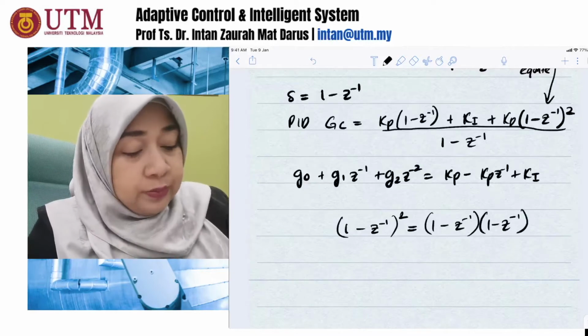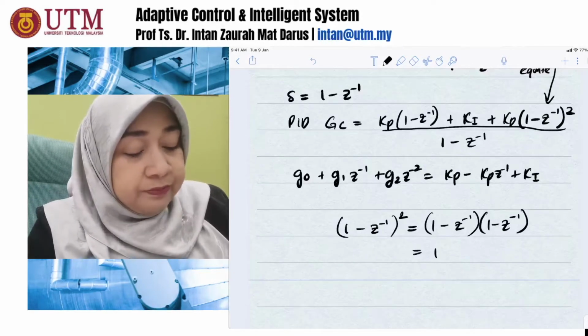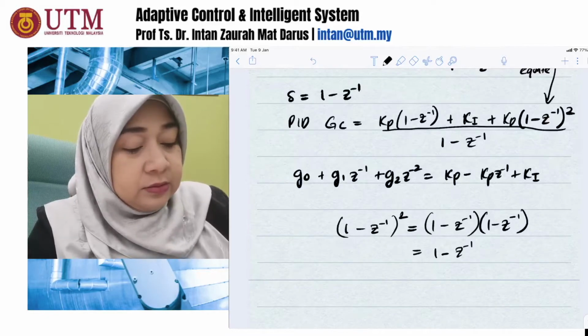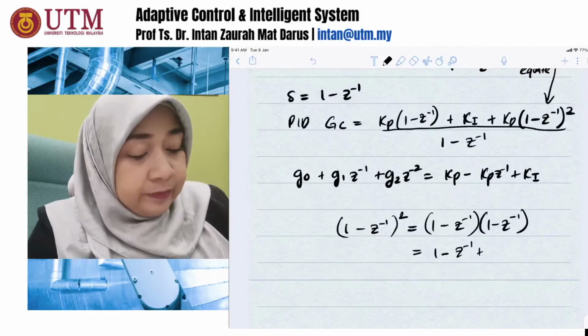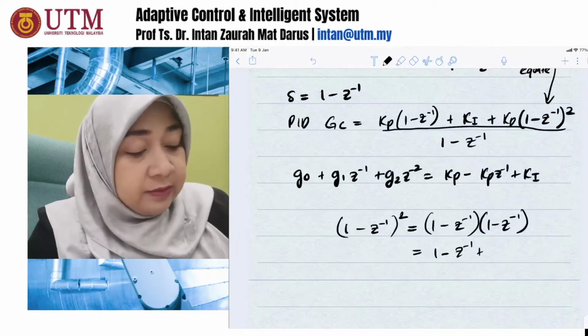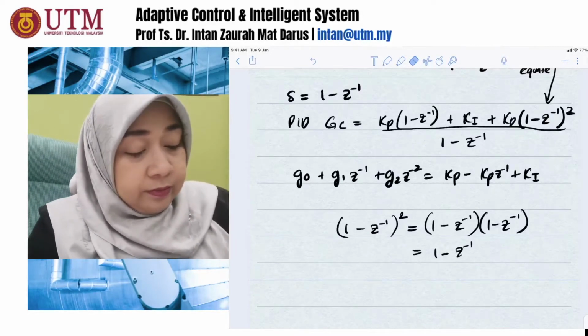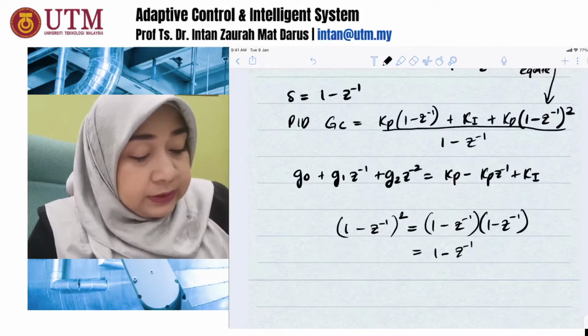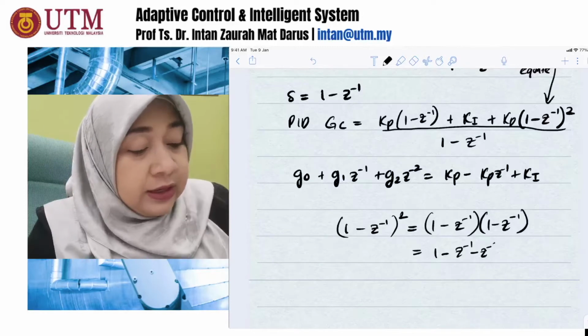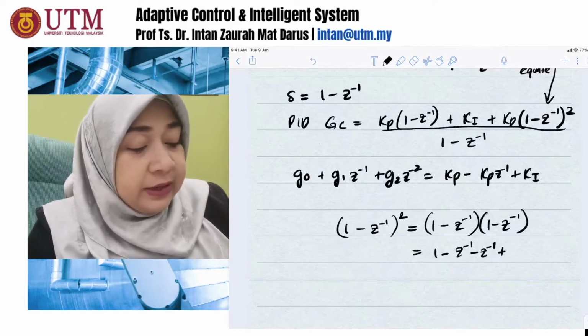That will become 1 minus z minus 1 minus another z minus 1, and then plus z minus 2.